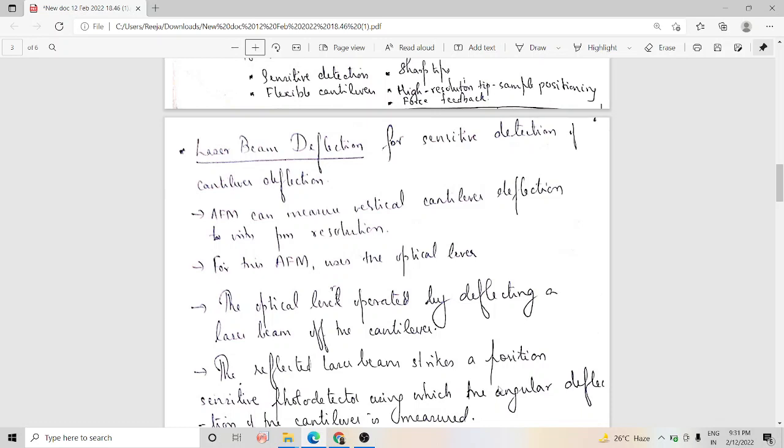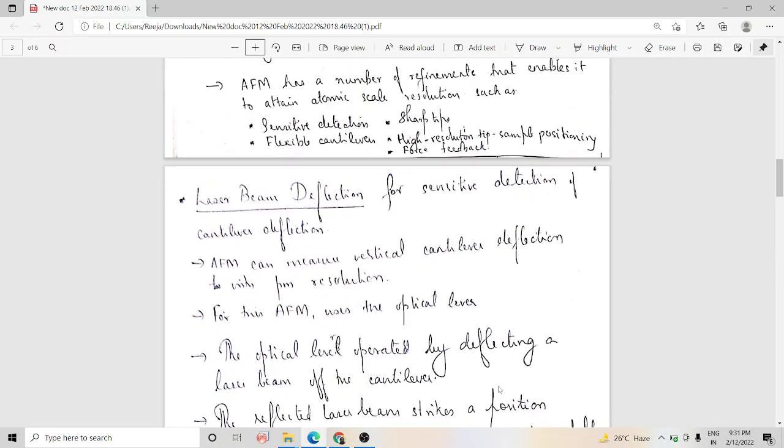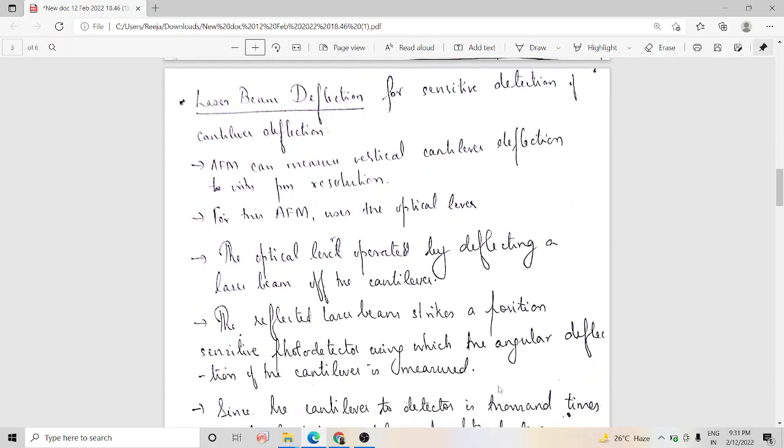Now let us see what is the reason for the AFM to attain atomic scale resolution. One is the laser beam deflection. I told you already.